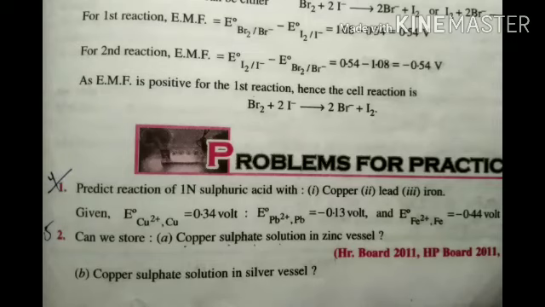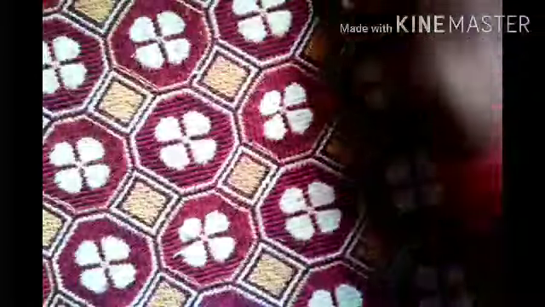Now given copper is 0.34, lead is minus 0.13, and ferrous iron is minus 0.44. Okay, now predict with sulfuric acid. Now what will happen? Just you do it. Fourth question. Simple and easy process.